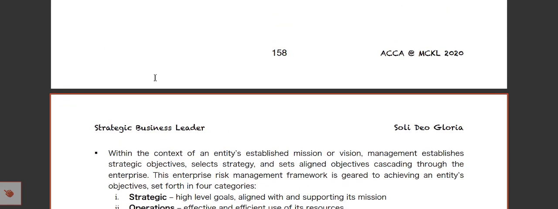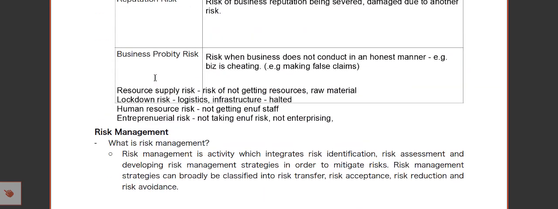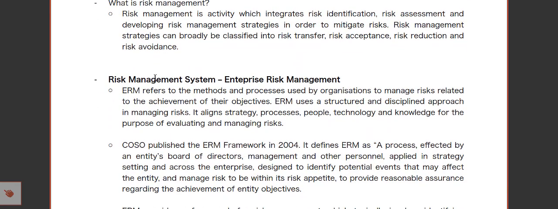Okay, so what we're going to do now is to discuss how the company sets up their risk management system.